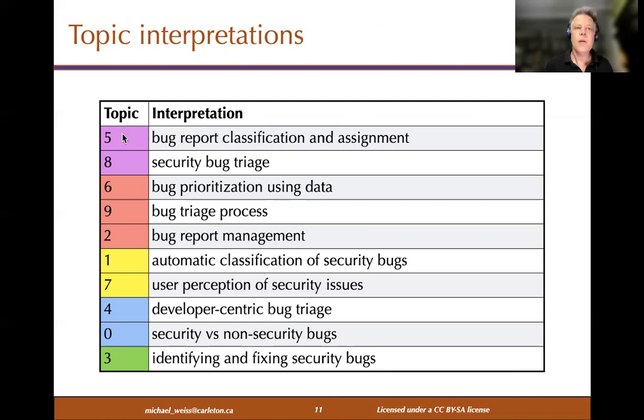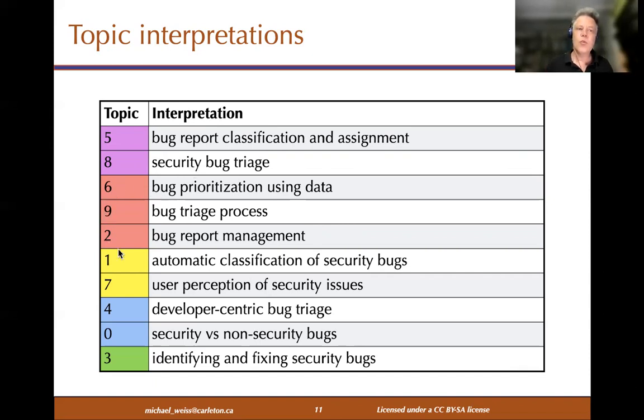The topic interpretation is usually sorted by clusters. So up here we have the cluster consisting of topics 5 and 8. Topic 5 we find to be about classifying and assignment of bug reports, and topic 8 about security bug triage in general.